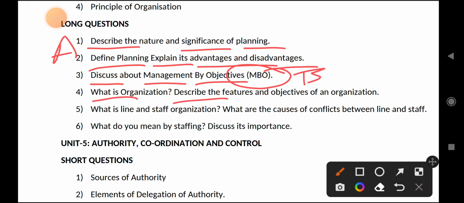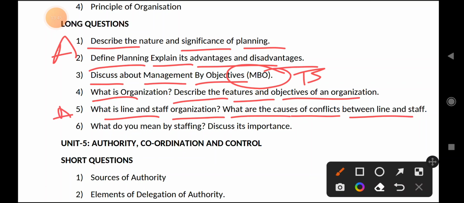What is organization, describe the features and objectives of organization. What is organization, what are its features and objectives, explain that. About line and staff organization, what is line organization and staff organization. What are the causes and conflicts between line and staff organization. This is one of the important questions relating to organization.